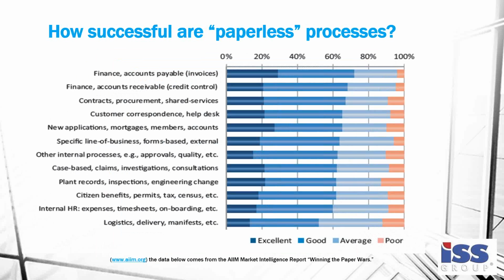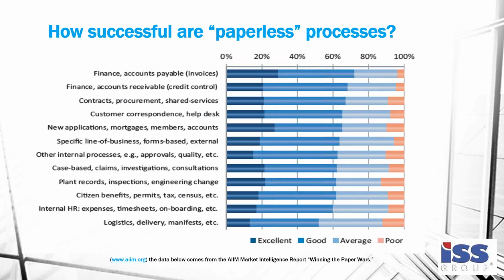Within these areas, and not all of them are manufacturing-based, how successful are people in implementing paperless processes? Because that's really what we're talking about: how to eliminate running around with a piece of paper to get stuff done. And you'll notice that well beyond 60% for almost all of them say the value has been good.